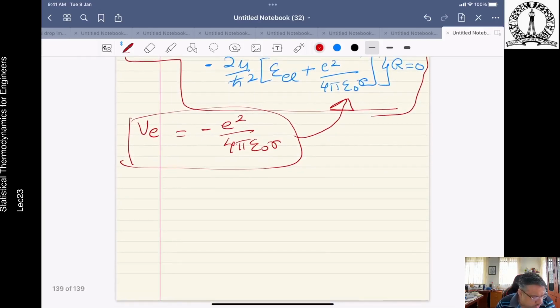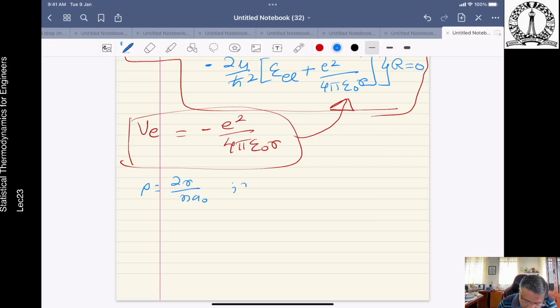So now this is a complicated expression. You can do a few transformations of this equation, and we are not going to go into the details, but we are going to define a few variables which will make this equation a little easier to deal with. Let us define rho, which is not density. It is 2r by n a naught.